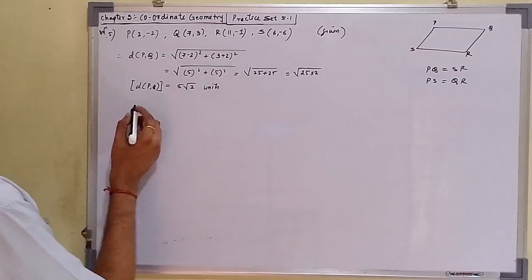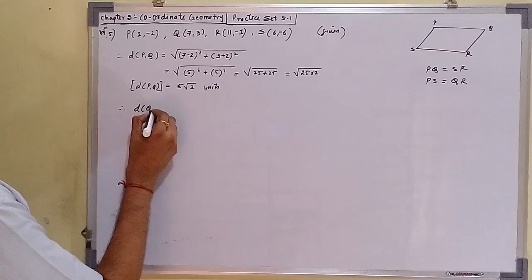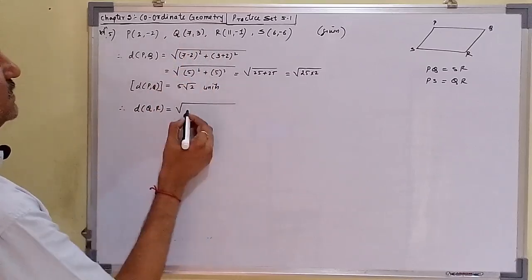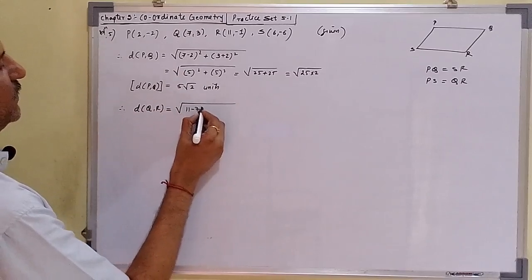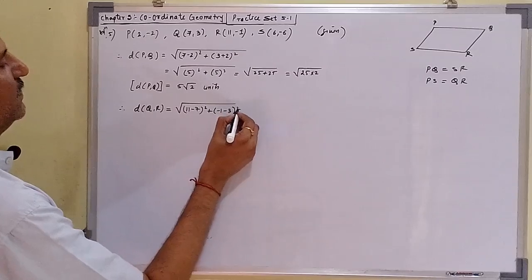So next, let's start. Therefore distance QR: square root of (11 minus 7) square plus (minus 1 minus 3) square.